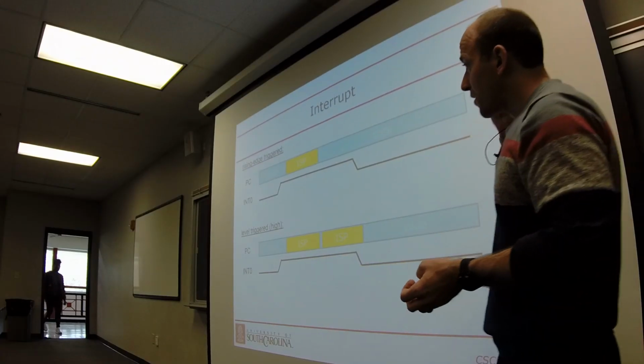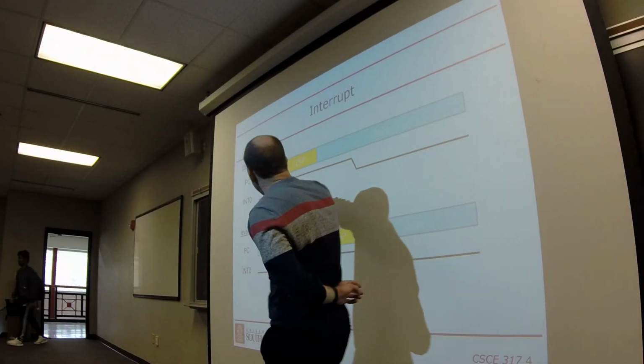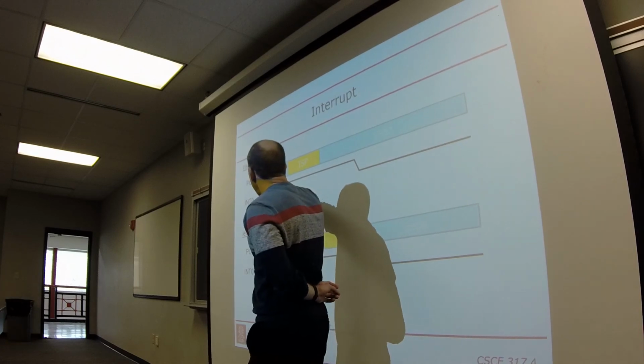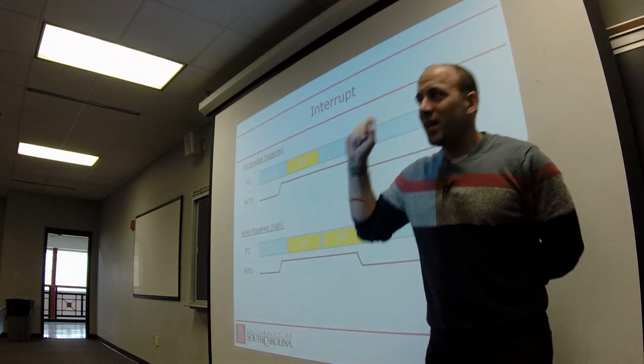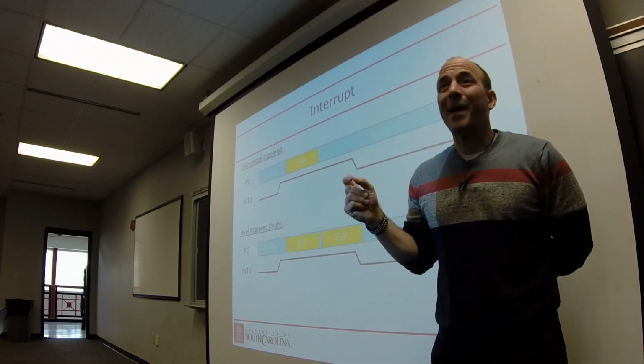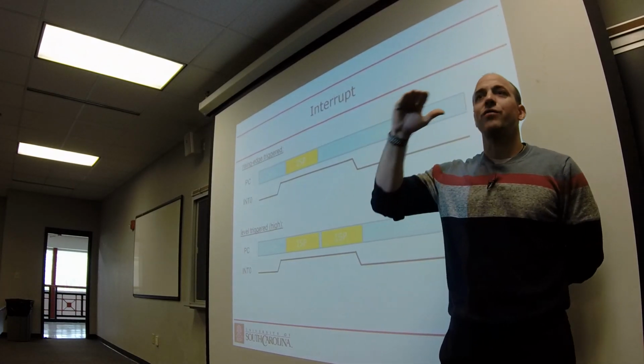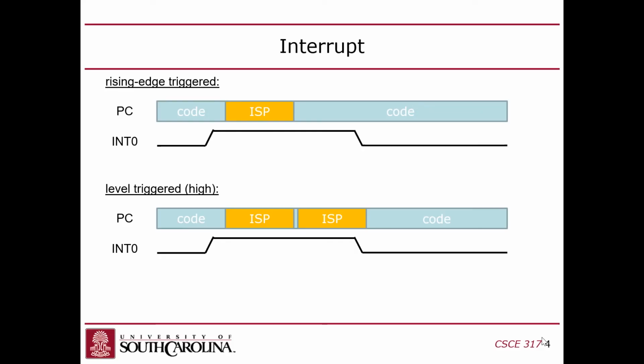One way you can configure them is by making the interrupt indicate its intention to interrupt the processor by an edge, meaning a transition from low to high or high to low, right? So in this case, I've tried to depict this graphically.